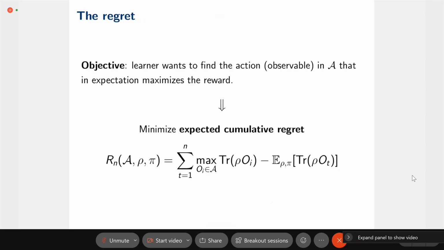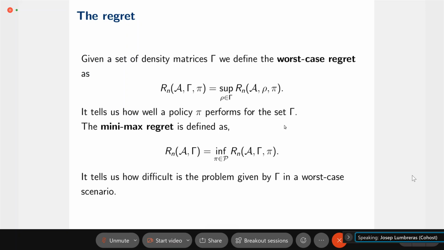What we have to keep in mind is that the regret is just the relative loss between the expectation value of the best thing that you can do, the best observable that you can choose, and the one that you are choosing each round. And this minimax regret, as I said before, tells us how well a policy performs for a given problem. Remember, the problem is given by the set of actions and the set of environments: actions are observables, and the environments are the set of quantum states.